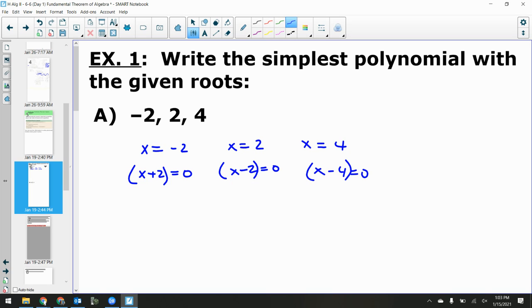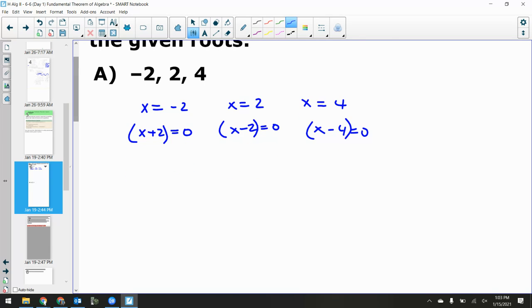And we know that if you want the full number and those are the factors, you just multiply them back together, right? So same thing with polynomials. You multiply the factors back together to get the full polynomial. So that's what we're going to do.